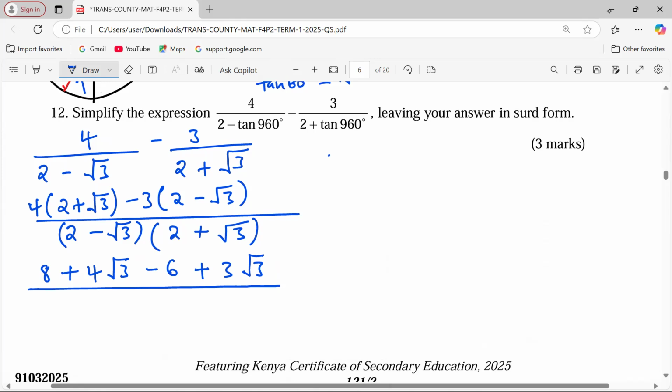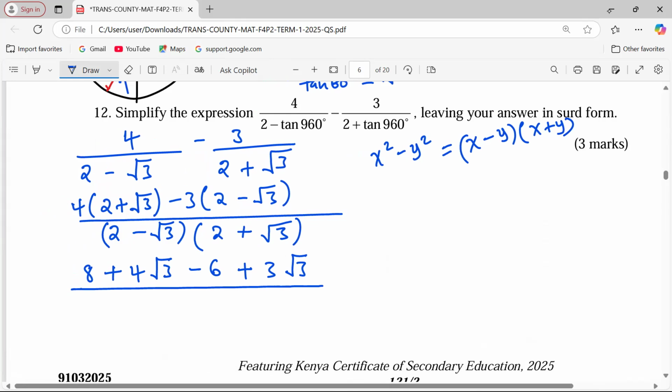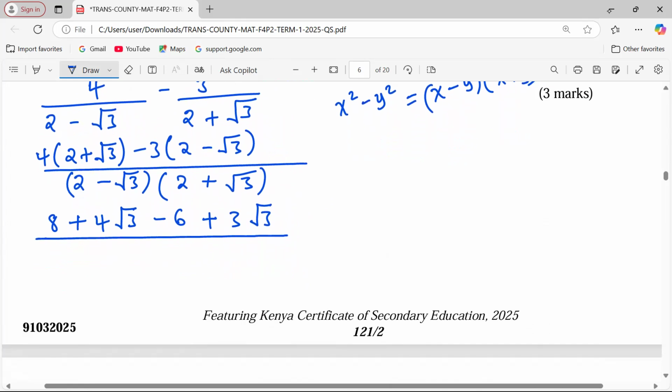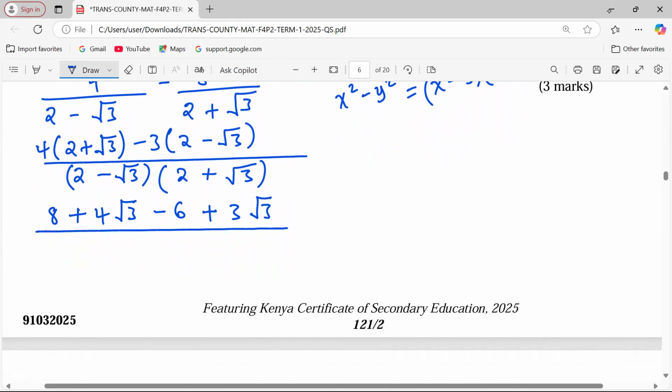When we are simplifying x squared minus y squared, this is called a difference of two squares. You simplify it to x minus y times x plus y, which means you can use this identity to expand a difference of two squares. And that means at the denominator, we'll be having 2 squared minus root 3 squared, so that will be 4 minus 3.